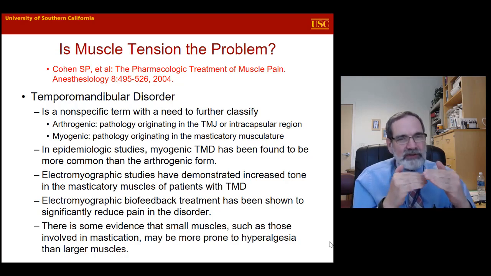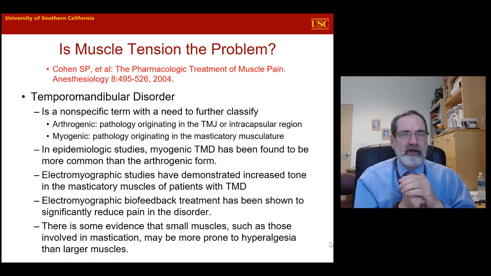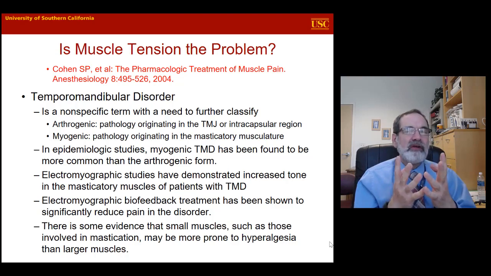But for now, I'm just going to break it down to arthrogenic and myogenic. Arthrogenic pathology basically is stemming from the temporomandibular joint. And myogenic pain is stemming from the masticatory or chewing muscles.